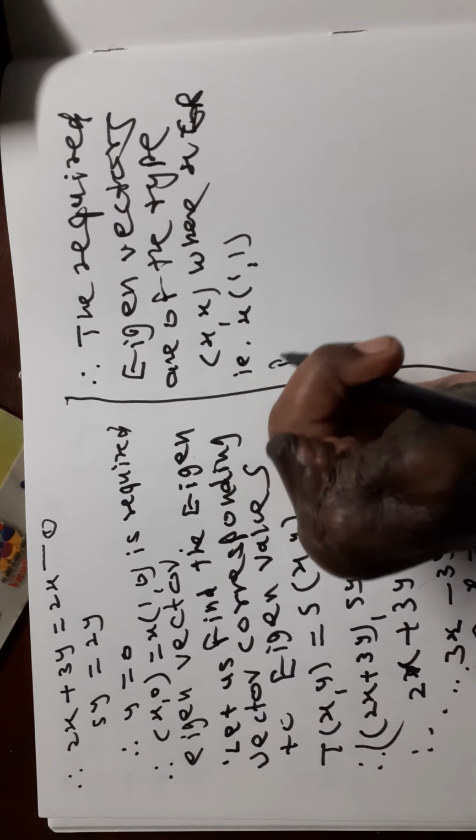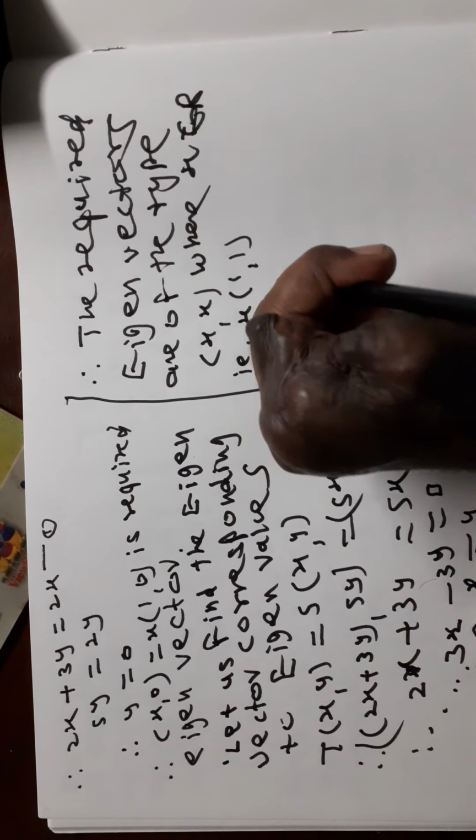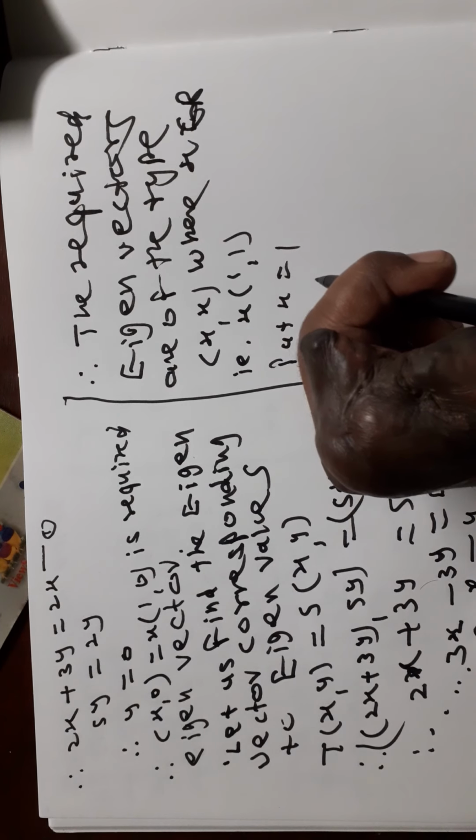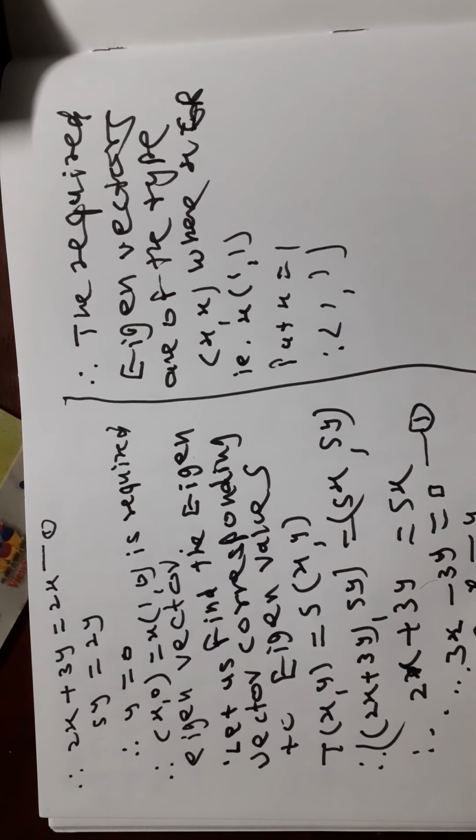Therefore put x is equal to 1. Therefore (1, 1) is an eigenvector corresponding to the eigenvalue lambda is equal to 5.